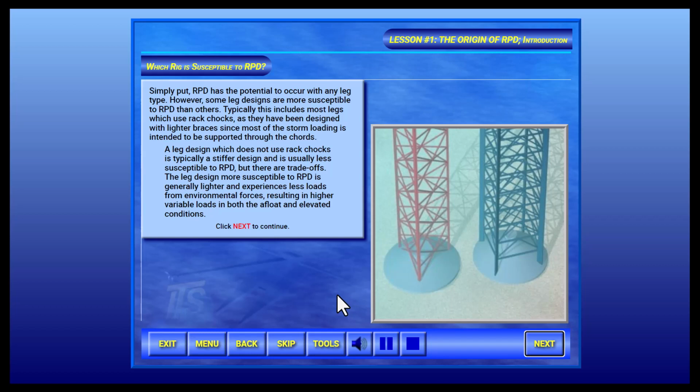A leg design which does not use rack chocks is typically a stiffer design and is usually less susceptible to RPD, but there are trade-offs. The leg design more susceptible to RPD is generally lighter and experiences less loads from environmental forces, resulting in higher variable loads in both the afloat and elevated conditions.